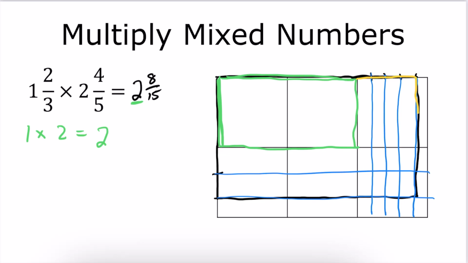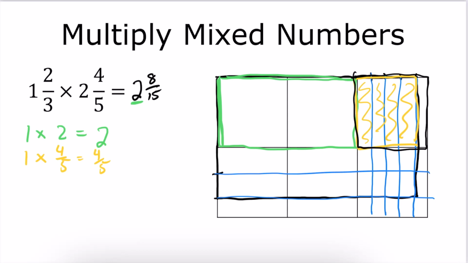So the area of this piece right here, this one is going to be 1 times 4/5. And this equals 4/5. And we can see that because this and this and this and this are each 1/5 of a whole square, because this whole square right here is cut up into 5 pieces. And so the area of that is 4/5 of a square unit.